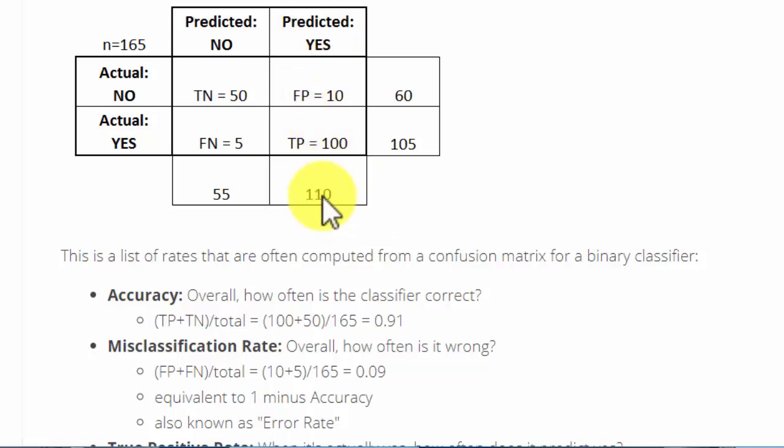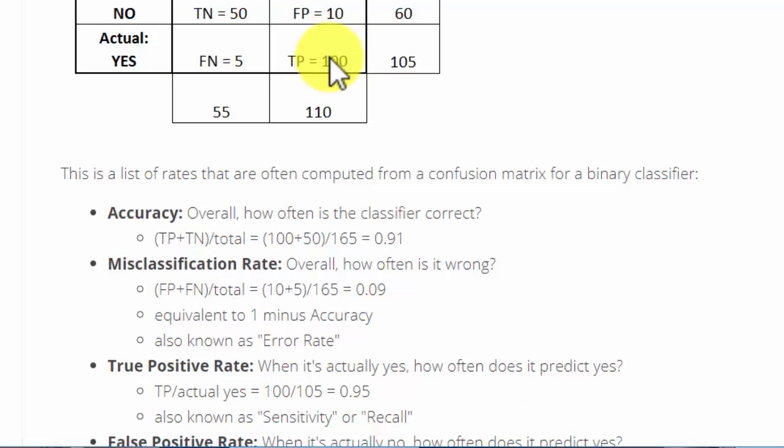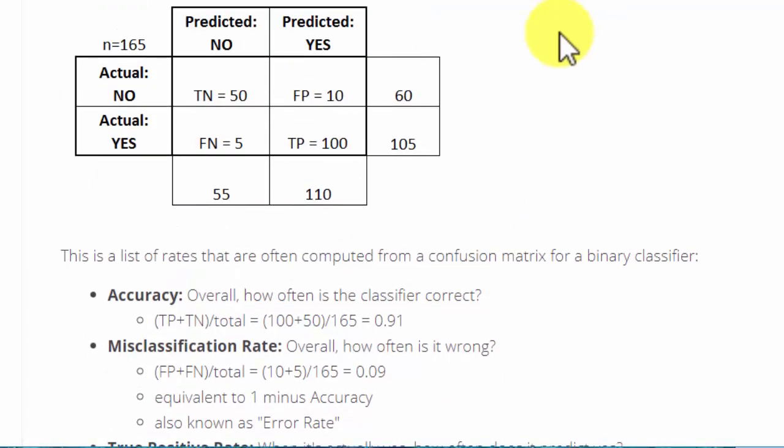That's 110. So in one case, you're dividing 100 by 105 for recall, and for precision, you're dividing that 100 by 110. And there's a lot of people talk about this kind of balance or trade-off between precision and recall.